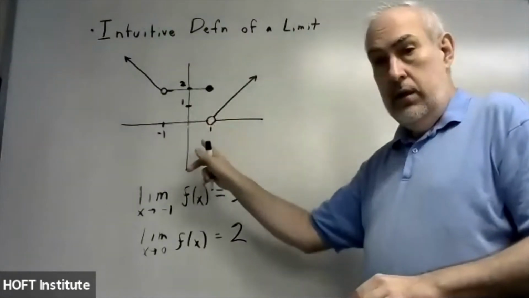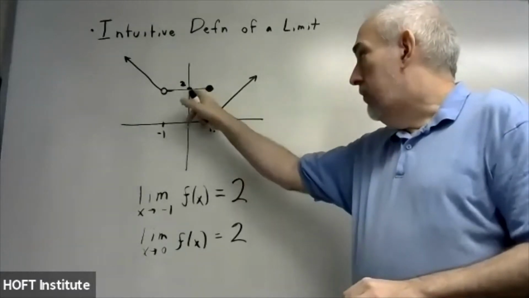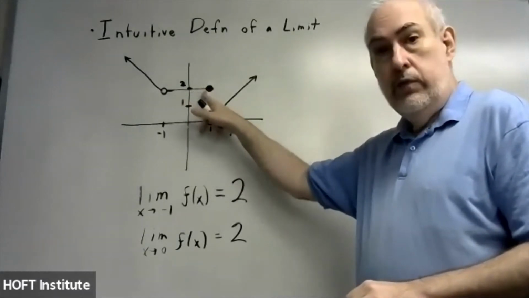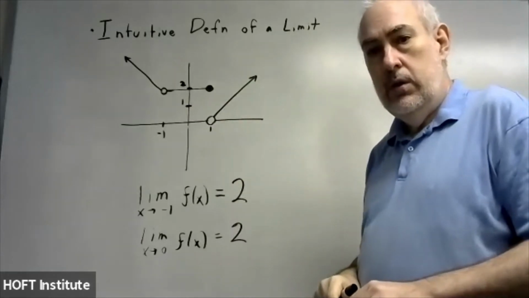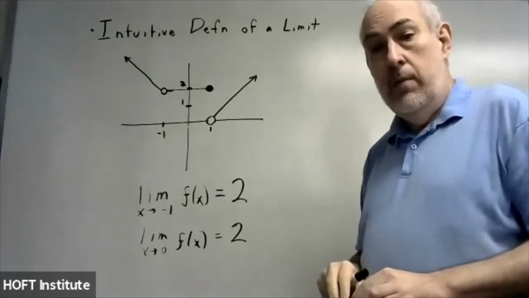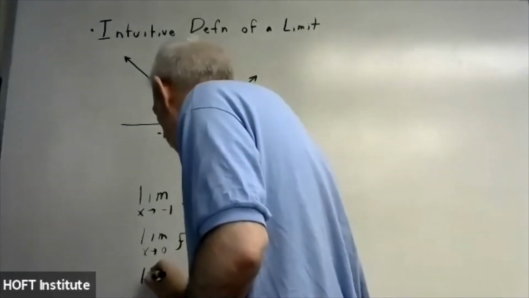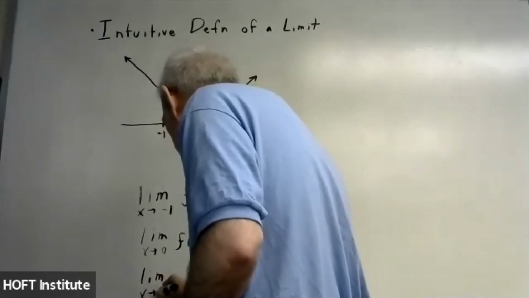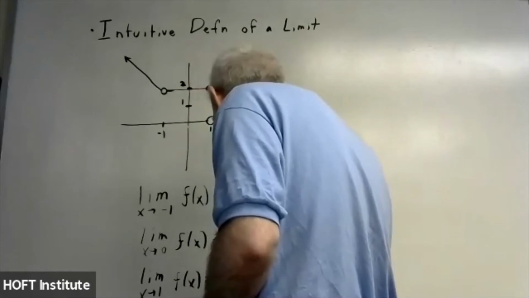But at 1, we have something weird going on, because from the left side we would be approaching a height of 2, but the right side would be approaching a different height, 0. In this case, where we have this jump, the limit's not going to exist. So you would say that the limit as x approaches 1 of f(x) just does not exist.